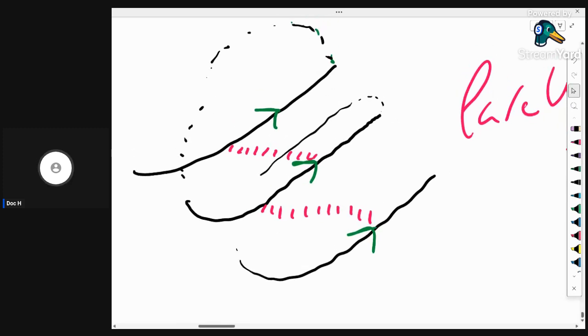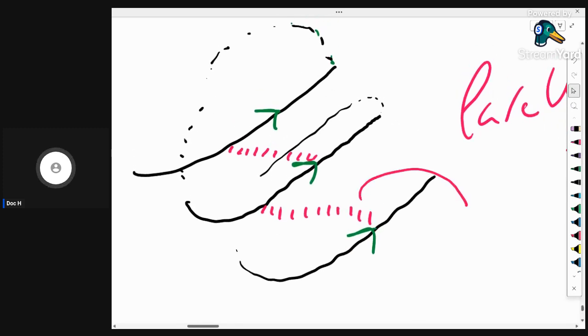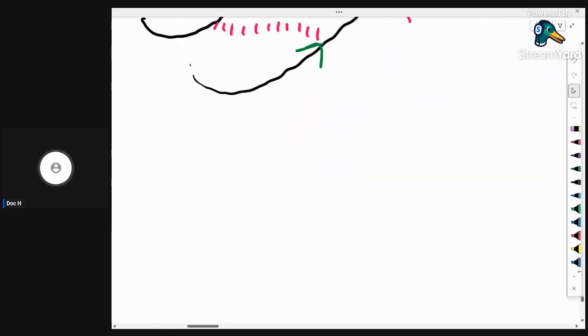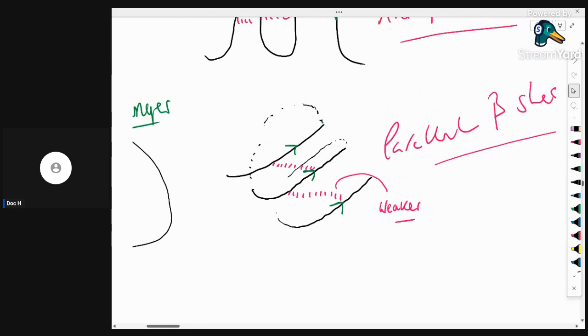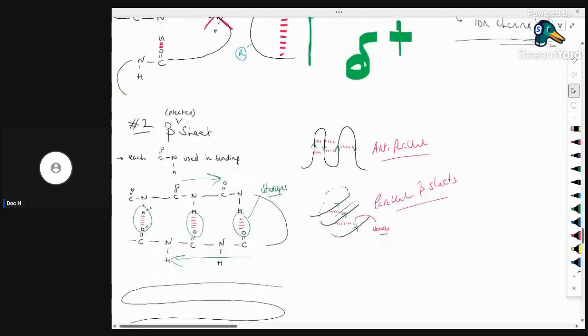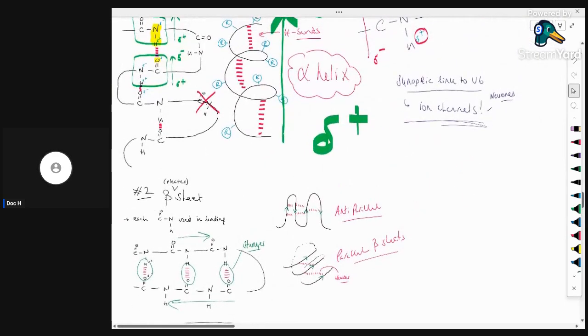And what that means is they are further away from each other, and so the hydrogen bonds are weaker. Okay, you have a weaker hydrogen bond, a weaker electrostatic force of attraction, and that is because you don't have direct alignment between the peptide bond segments that are actually doing it. Okay, that's pretty much all we need to say with regards to that.